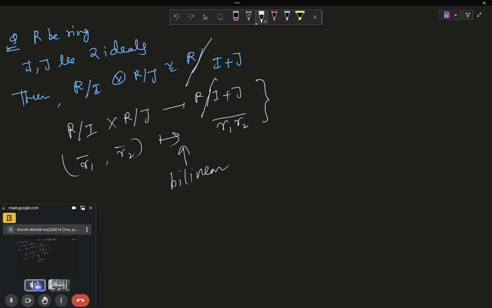First check whether this map is well defined, because in R/I cross R/J any element might have different representatives and so different images. So first check whether this map is well defined or not. You understand why you need to check well-definedness at this stage? Yes.